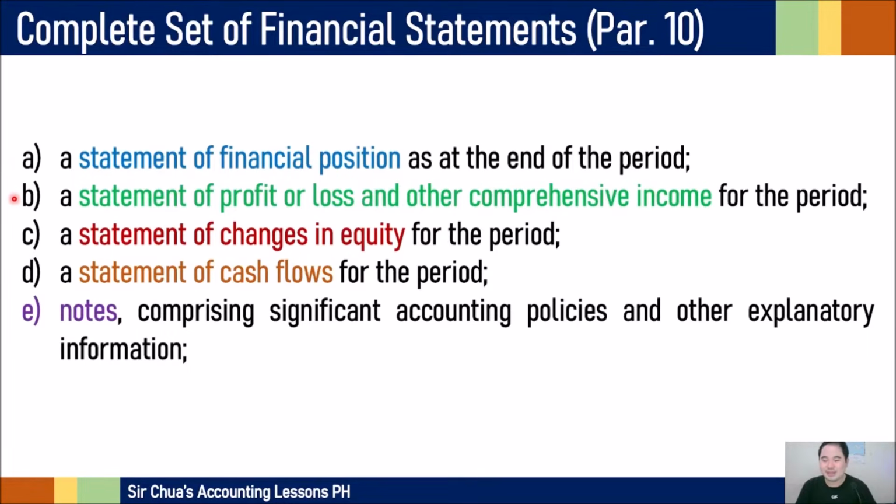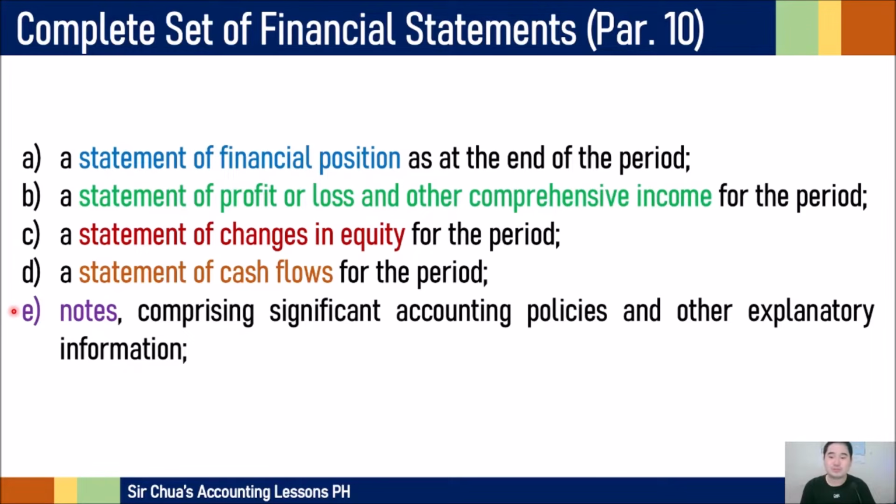And then, the statement of profit or loss and other comprehensive income, or also known as your statement of comprehensive income for the period, your statement of changes in equity for the period, the statement of cash flows for the period, at yung inyo pong notes to financial statements. Okay, so yun po yung masasabi po ninyo na complete set of financial statements.